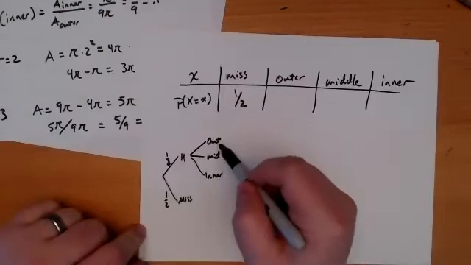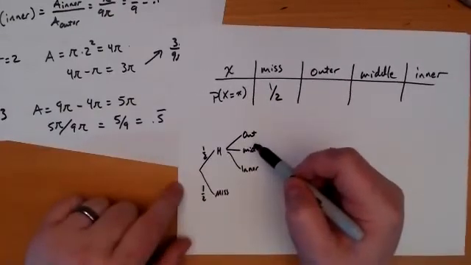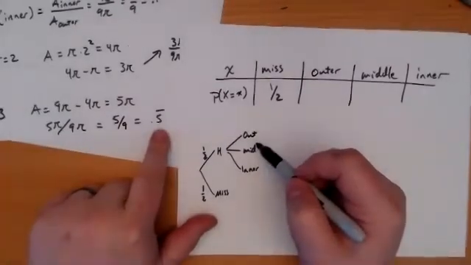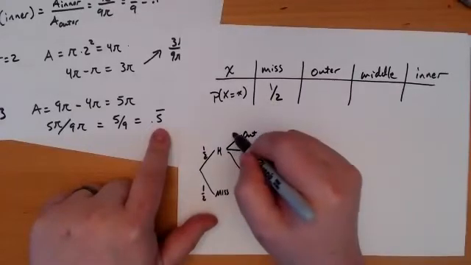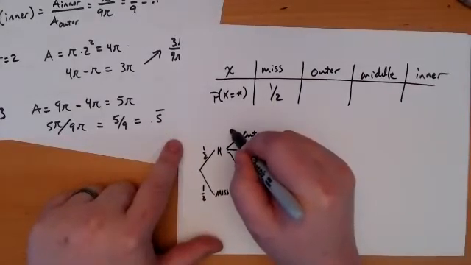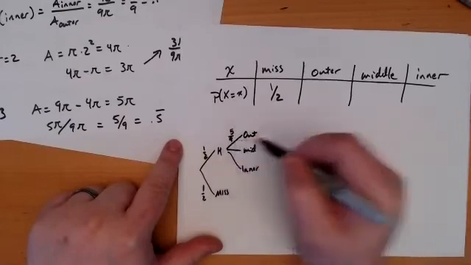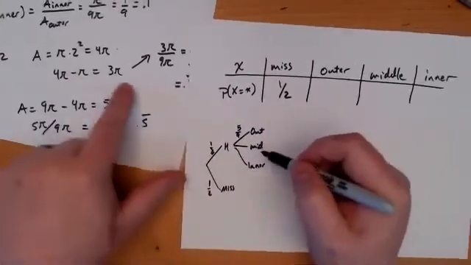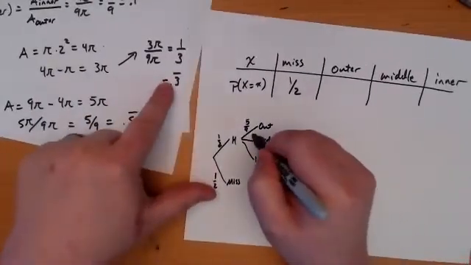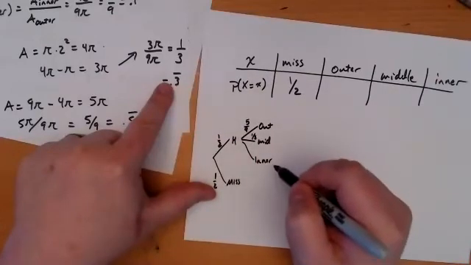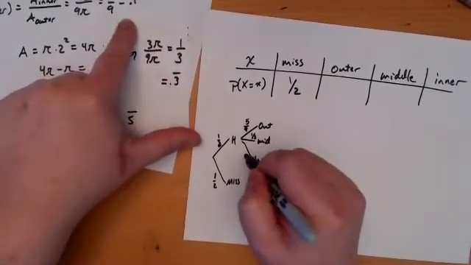Now, the probability of hitting the outer ring is 0.5, or let's leave it in fractional form, 5/9. What about the middle? Well, that was 1/3. And the inner was 1/9.